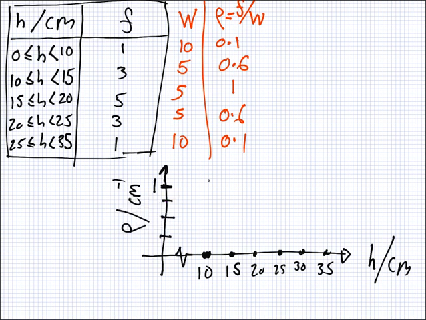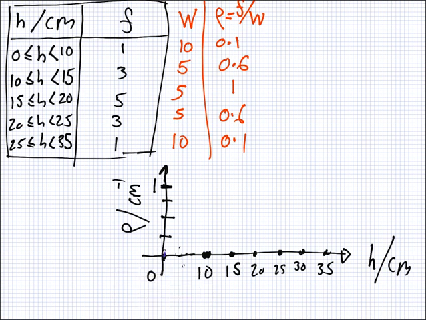Okay, so the first one, what is my height? 0.1, isn't it? And then my next one is 0.6. Oh no, sorry, I do actually have to start at 0, don't I? So no skipping here. So there's 0.